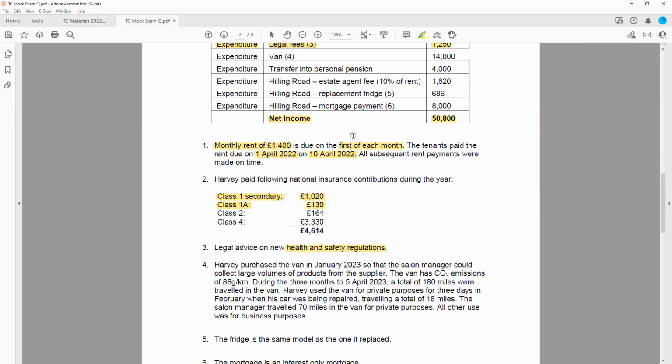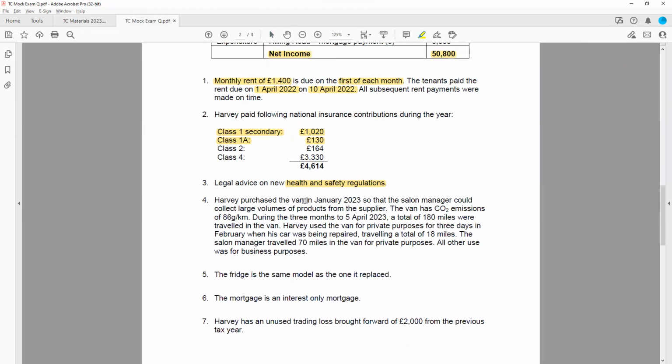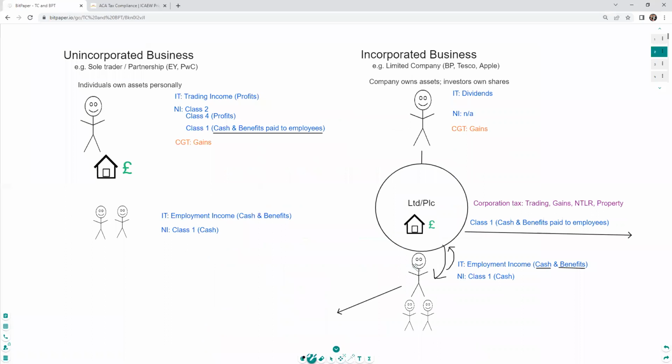Van. So we've got a note here. Like I said earlier, van, not car. Cars are taxed really heavily, as I've said. For an employee who's given a car by the employer, the taxable benefit is high, particularly compared to a van. So cars are taxed heavily when an employee gets private use of a car.